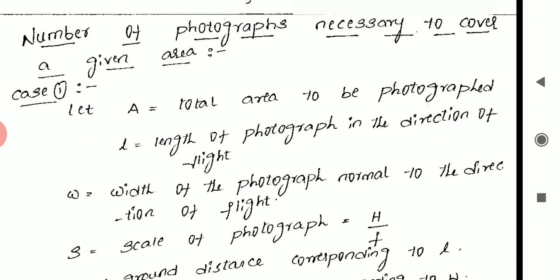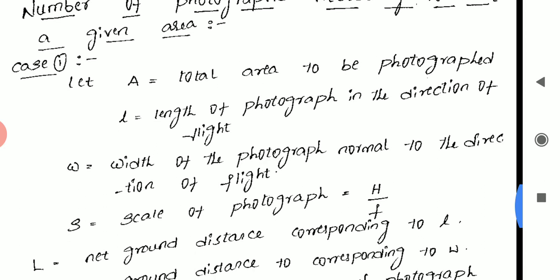L is the length of the photograph in the direction of flight. W is the width of the photograph normal to the direction of flight. S is the scale of the photograph, H divided by F, where H is the height in meters, already derived, and F is the focal length, always in centimeters.